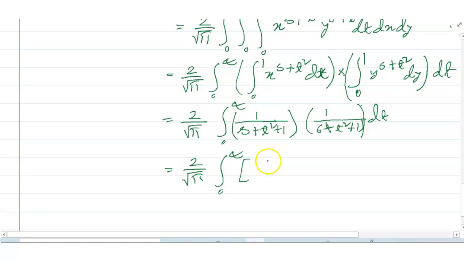So friends, it can be written this way: 1 by 1 minus sigma minus s divided by 1 plus s, minus 1 by sigma plus t square plus 1.